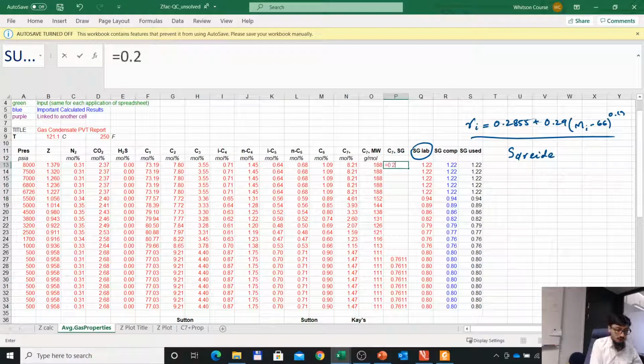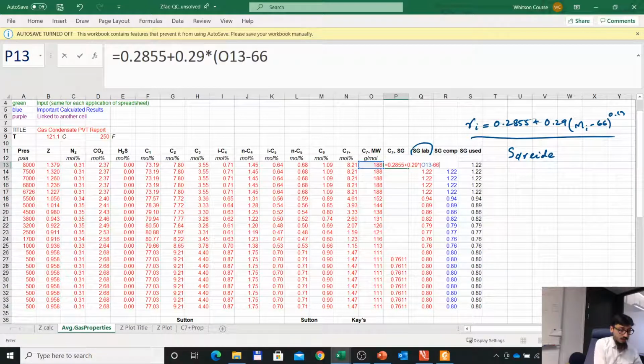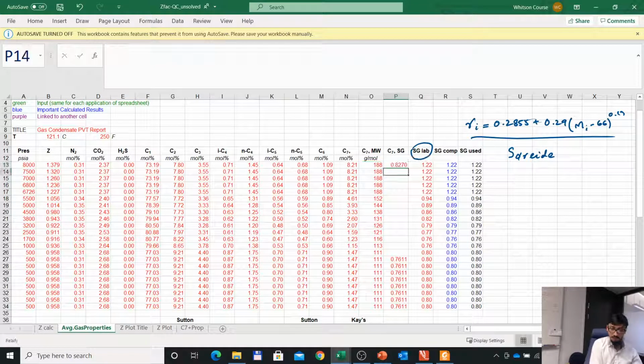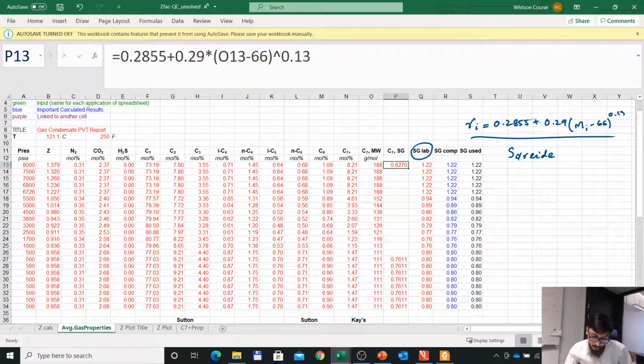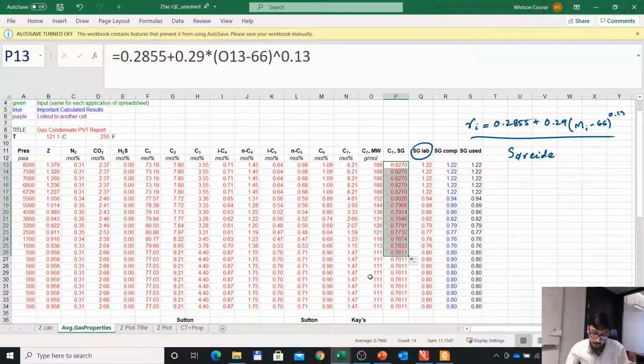So for now, we just use this correlation: 0.2855 plus 0.29 times the molecular weight minus 66 times 0.13. So that's the specific gravity number that we got for C7 plus, and then we just drag it down to get other numbers.